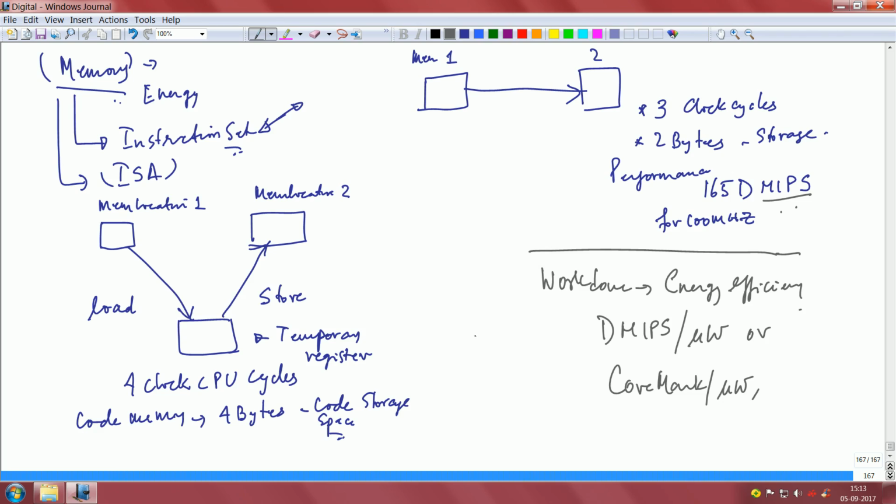With some limited energy that you have on hand, what is the work done, and therefore what is the energy efficiency, which is now measured in DMIPS per microwatt or CoreMark per microwatt.